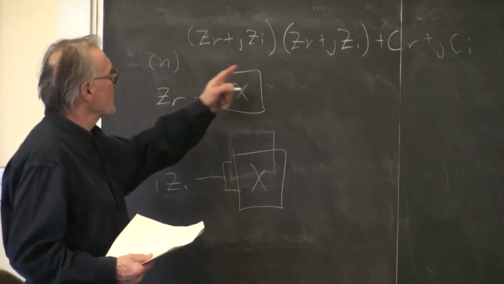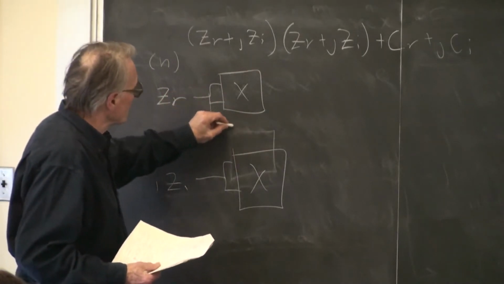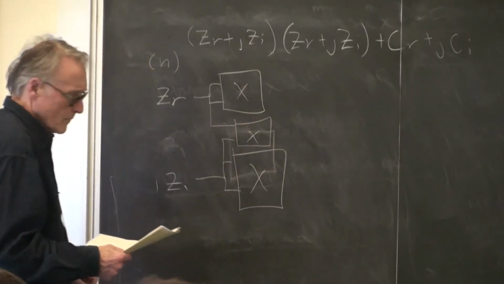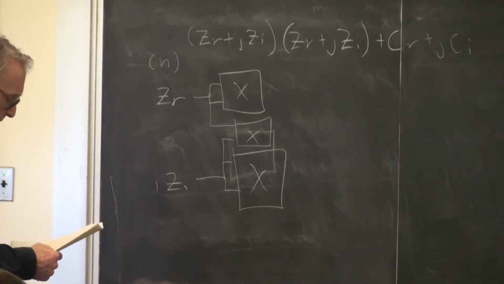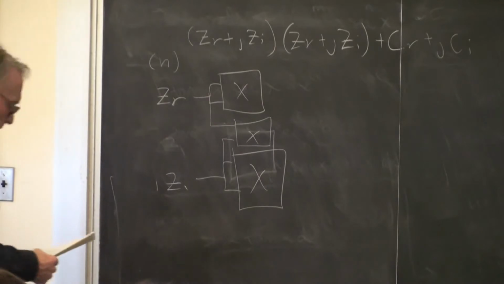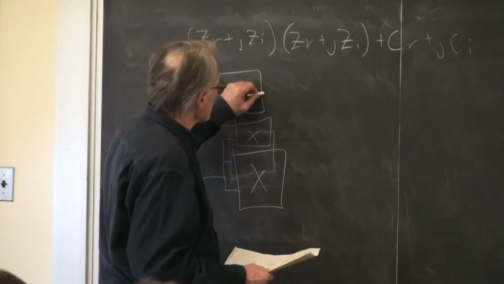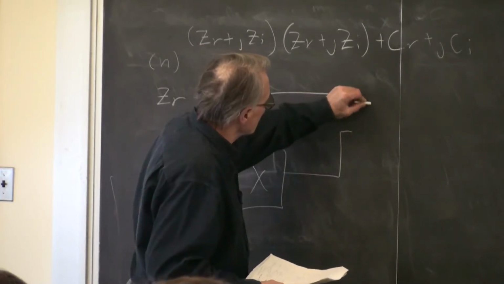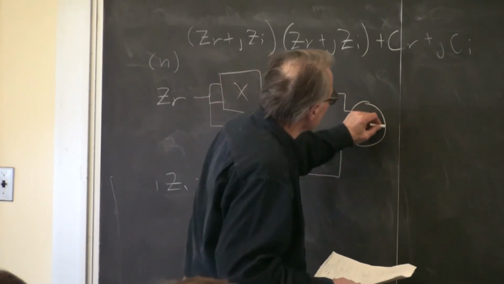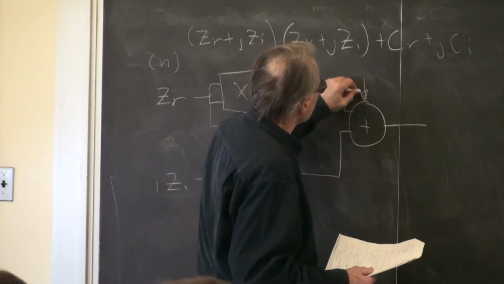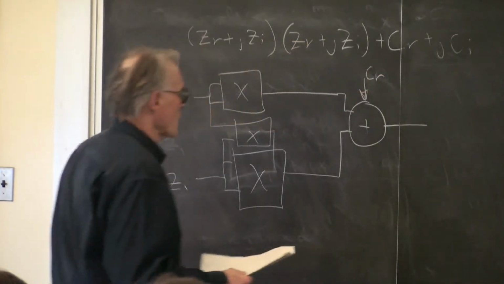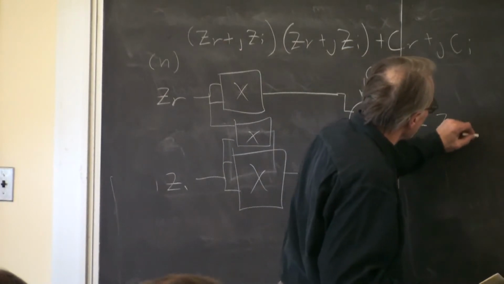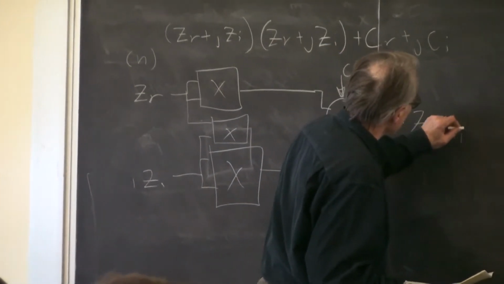And then we need a cross product, so we're going to put both of these into yet another multiplier. And then these two are going to be summed along with CR to form ZR n plus 1.